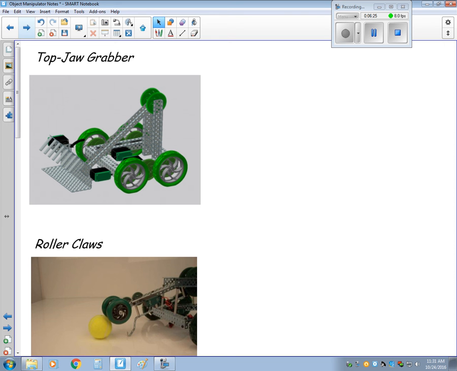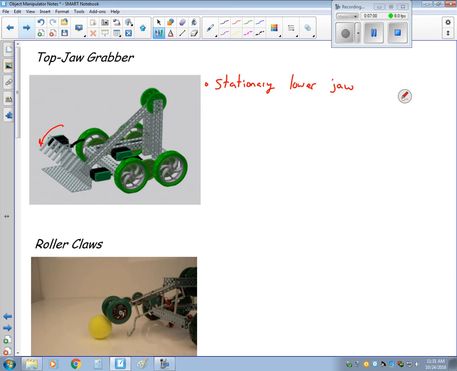Another type that's kind of a combination of the two is a Topjaw Grabber, where we have a scoop, but then we also have this rotating jaw part that kind of acts like the friction grabber as well. It uses friction to hold onto the object and uses some other contact forces. So with this Topjaw Grabber, it's got a stationary lower jaw attached to the top one.